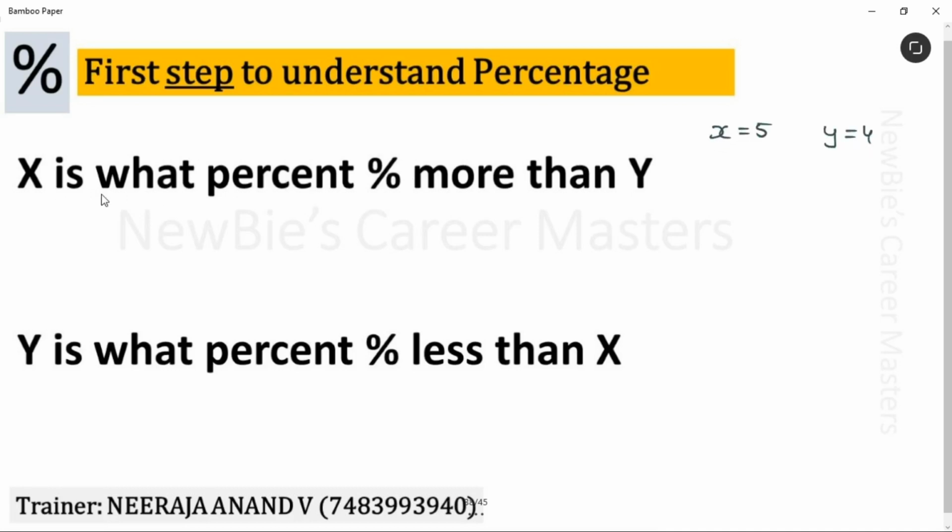Now the question is, X is what percent more than Y? Formula for this question is difference divided by comparison, and the comparison is with Y now. Y should come to the denominator into 100. Difference 5 minus 4 and Y value is 4 into 100. We get 1 by 4 into 100 which is 25%.